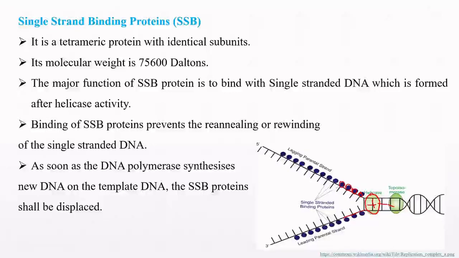These SSB proteins bind to the DNA until the DNA polymerase comes and synthesizes new daughter DNA. Whenever the DNA polymerase comes into the vicinity, the single-strand binding proteins will be displaced from the single-stranded DNA. So SSB proteins bind with the single-stranded DNA and prevent its re-annealing to form duplex DNA.